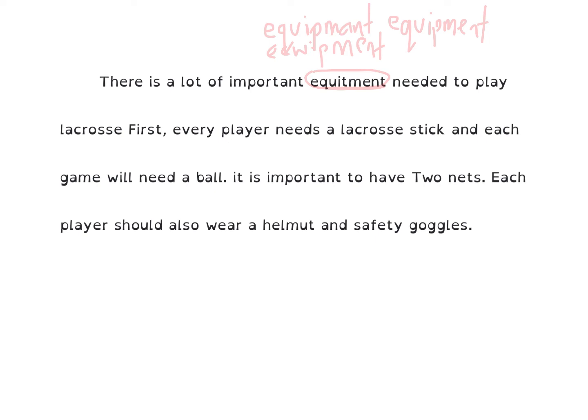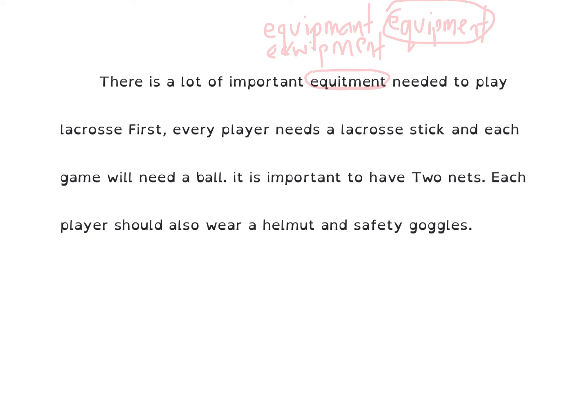So our brains tell us one of those words kind of looks better than the others. And I've decided this one looks the best, so I'm going to circle that one, and that's the one I'll go with on my good copy. That's called the best guess strategy for spelling.